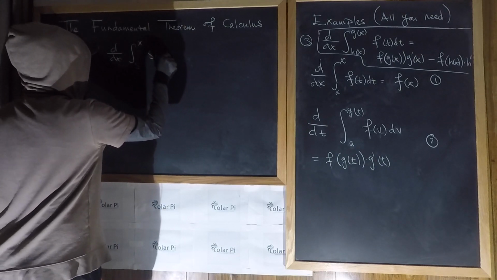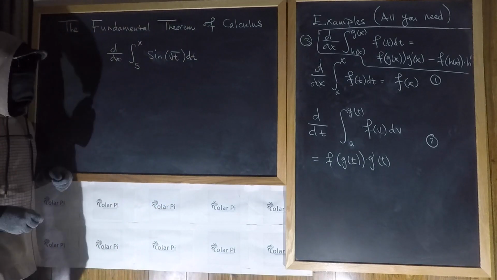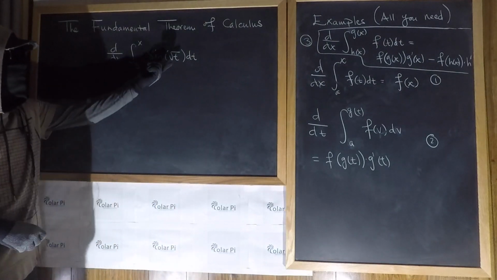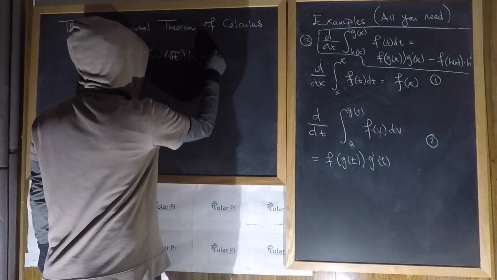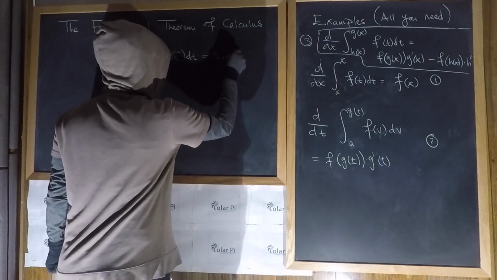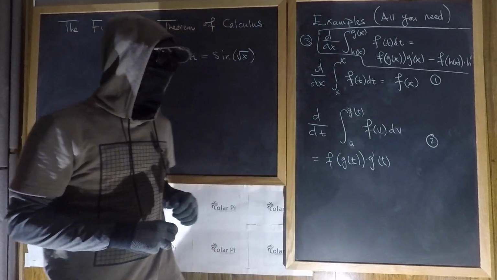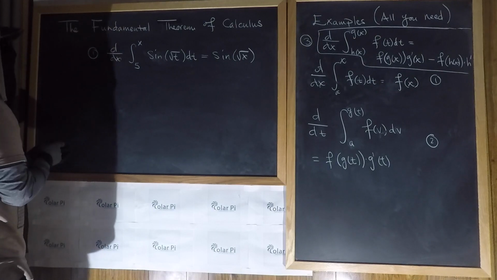Sine of root t dt. Well, fine. Look at this. What it says is, since this is f of t, you get f of x. So the answer to this, simple. Sine of root x. Done. Okay, so that's number one.